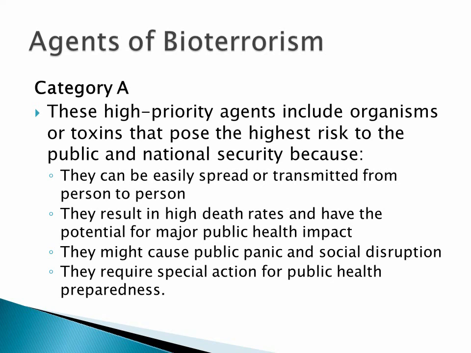So for Category A, these are high priority agents, and they include organisms or toxins that pose the highest risk to the public and national security because they can be easily spread or transmitted from person to person. They result in high death rates and have the potential for major public health impact. They might cause public panic and social disruption, and they require special attention or action for public health preparedness.